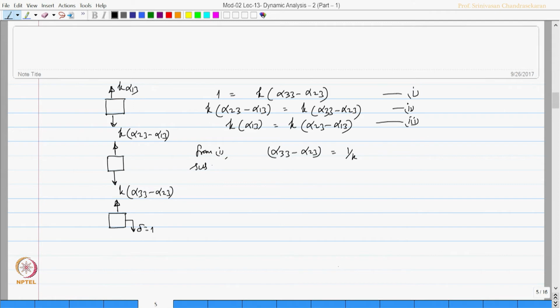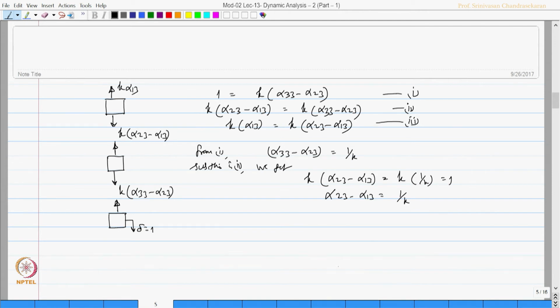Substituting this in 2, we get k of alpha 2 3 minus 1 3 is equal to k times of 1 by k, which is 1, which implies alpha 2 3 minus 1 3 is also equal to 1 by k.